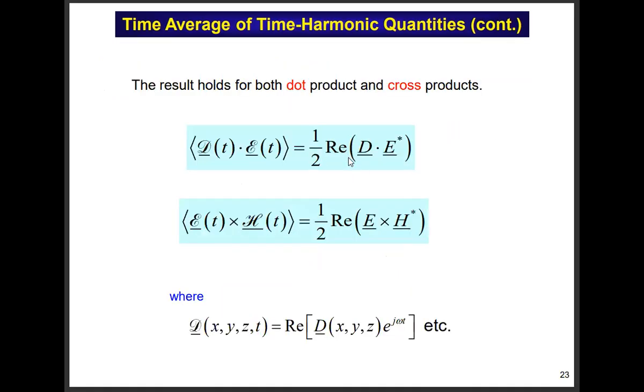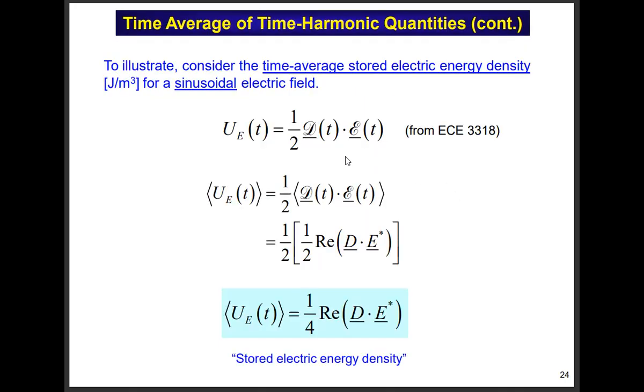So the time average is 1/2 the real part of phasor one dot phasor the other conjugate. Now the formula from 3318 already had a half there, so there are two halves. This one is from the formula from 3318, but this half is coming from this.